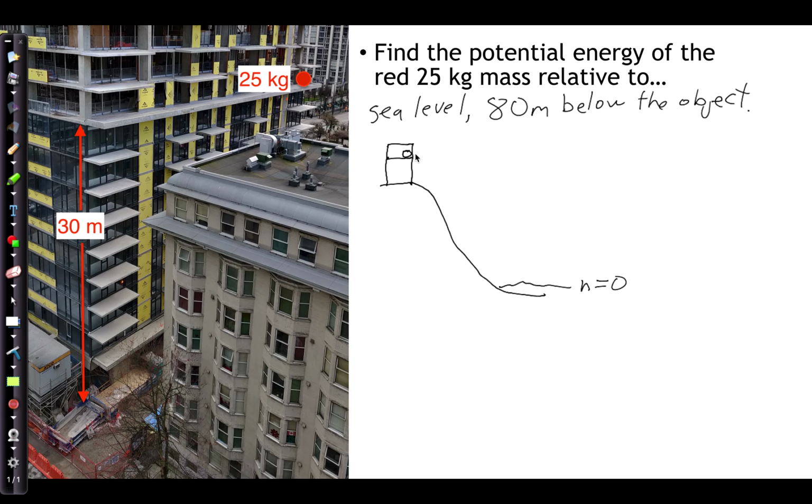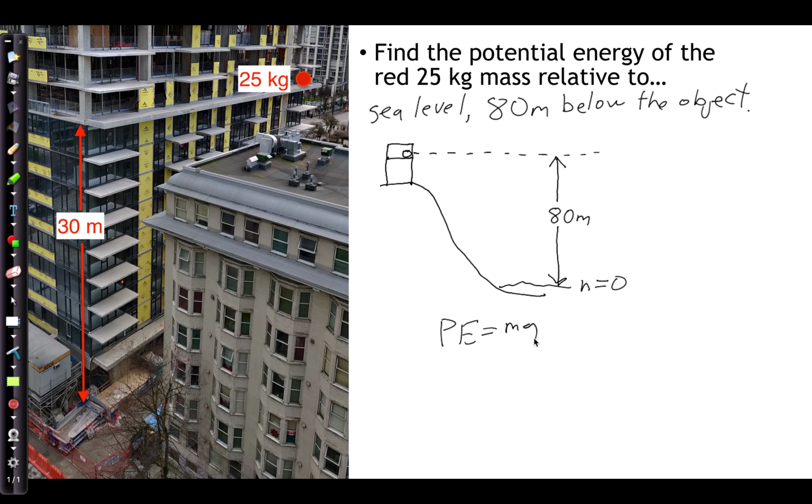And so then the object's height is like that, and relative to sea level, this is 80 meters below. So we imagine this imaginary vertical h-axis, and the 0 is here, up is positive, so the object's height is now positive 80 meters.